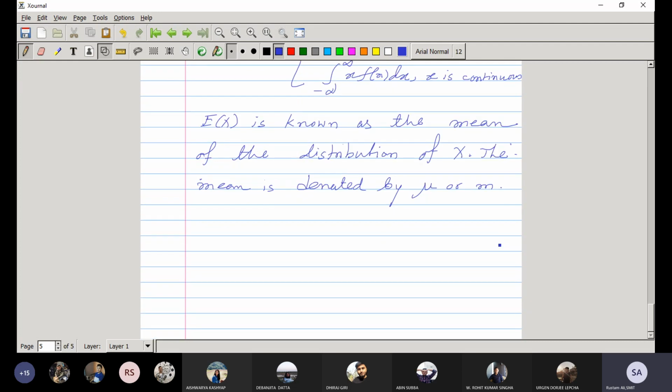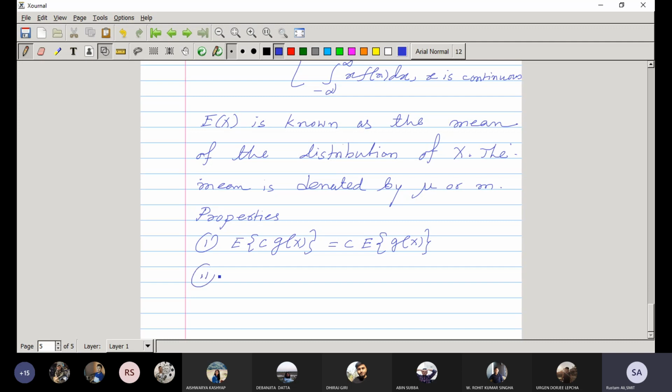Now there are some properties of expectation, which we are writing. Number 1, expectation of C times g of x is C times expectation of g of x.